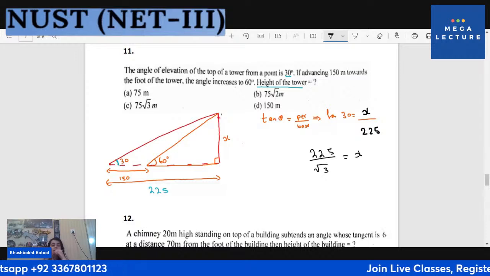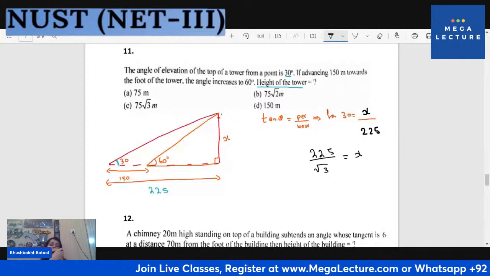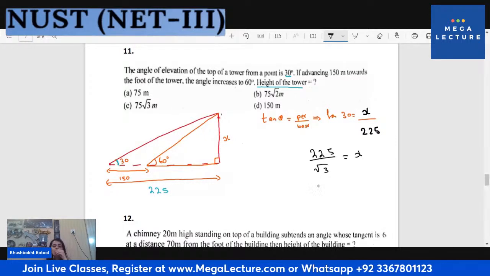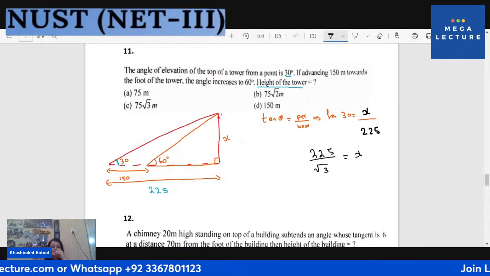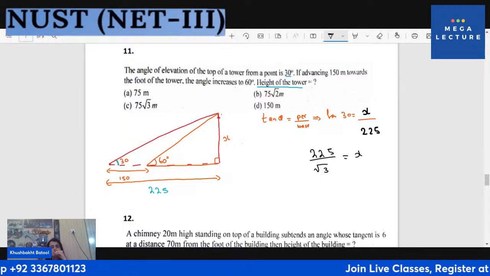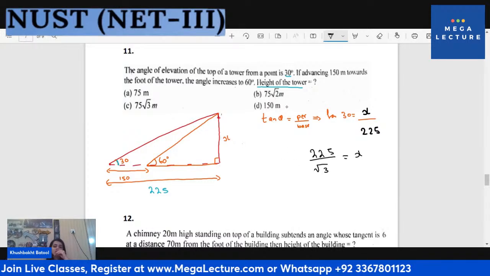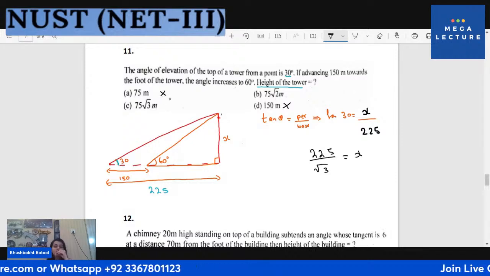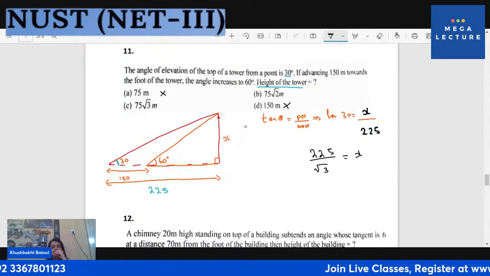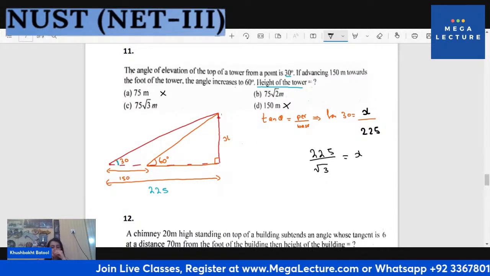Now again you will be doing all of this without your calculator. So for understanding such things, one thing is practice and the other thing is just being logical. Now root 3 would be something more than 1.5, and it is going to be less than 2 and obviously more than 1. So through that, you know that since it is not 2, it cannot be D and it cannot be A. Option A is at least less than half of 225.